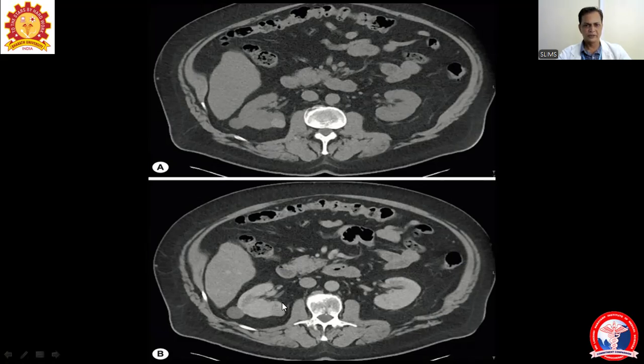So what we are seeing here is a non-enhancing fluid density, well defined, near spherical area. So this is a renal simple cortical cyst.